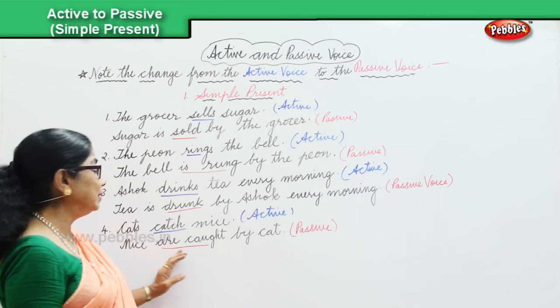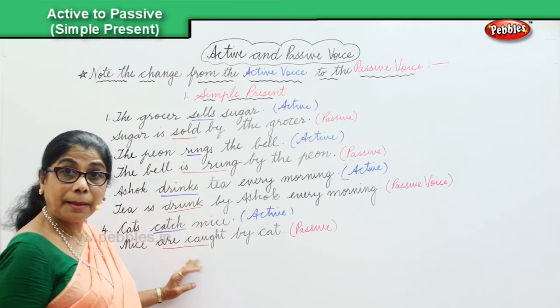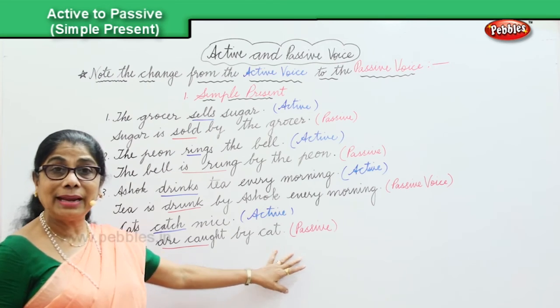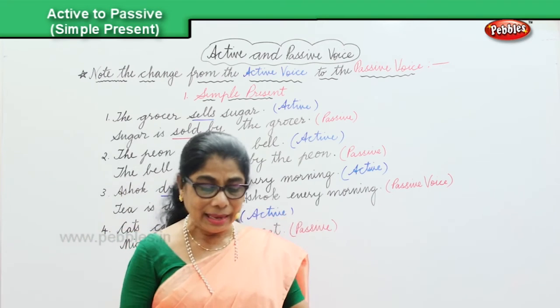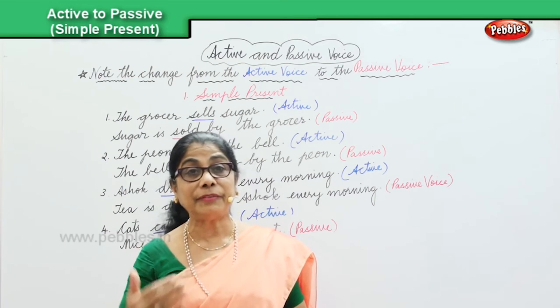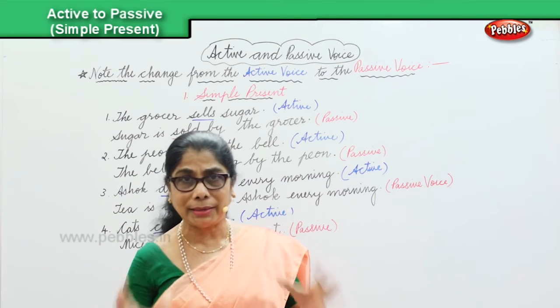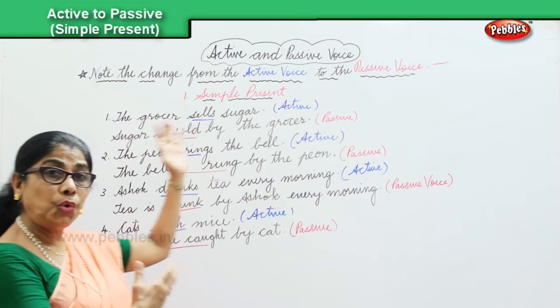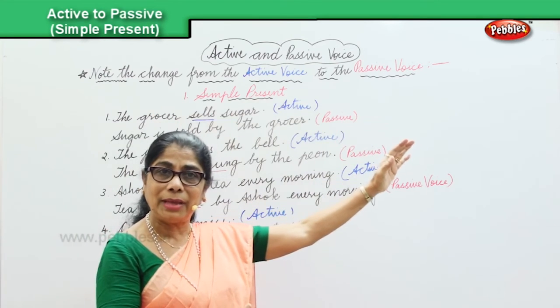Active. Mice are caught by the cat. That is passive voice. Like this, every other simple present, present perfect, in everything we will look at. Okay? We are going to look at how changeover from the passive to the active voice.